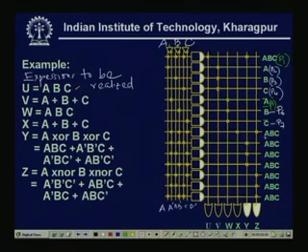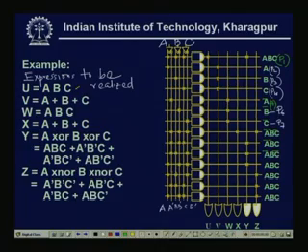Now, P 8 is A bar, B bar, C bar. Similarly, P 9 is A bar, B bar, C. Next one is A bar, B, C bar.